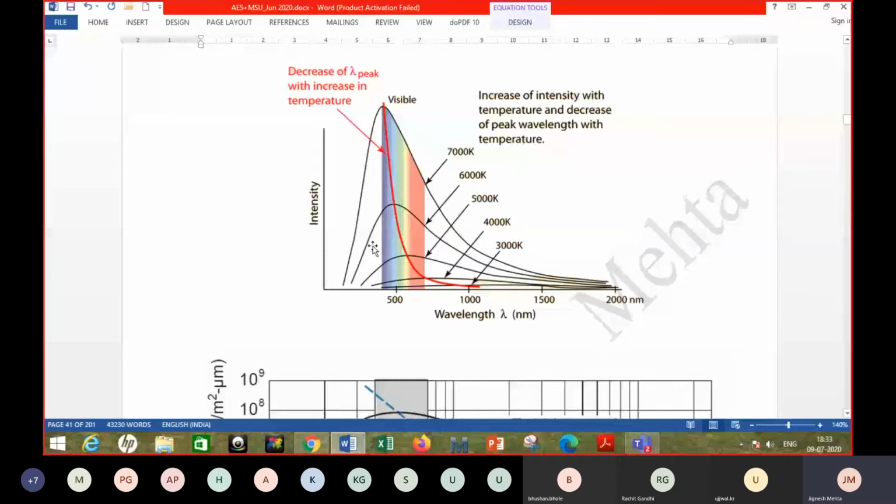Somewhat small part is available on the left hand side, but still there is some large part remaining. The left hand side region is called ultraviolet, and the right hand side is infrared. So even in the infrared range, there is a lot of solar radiation available.